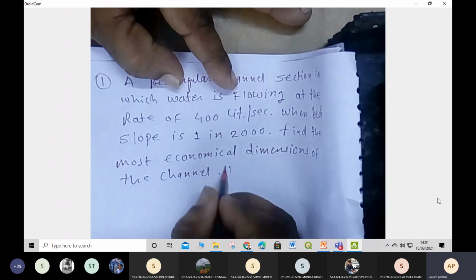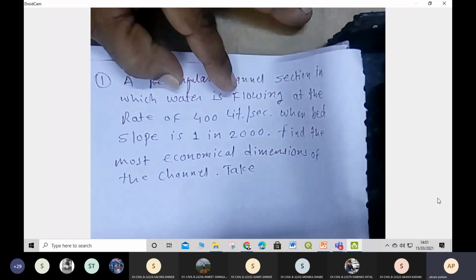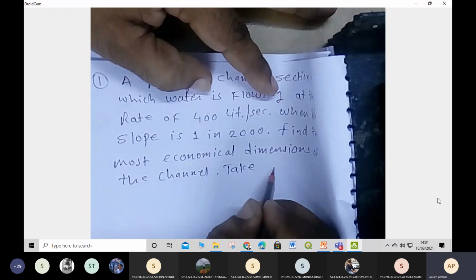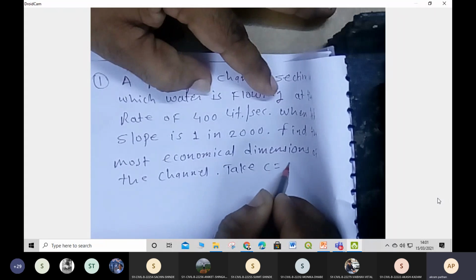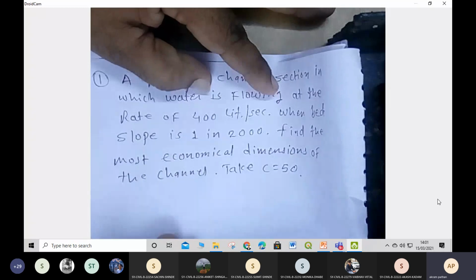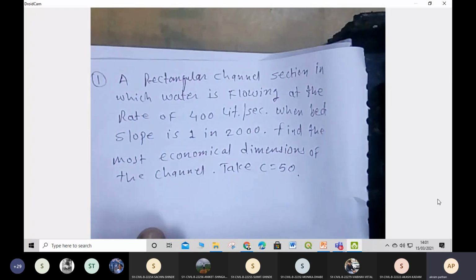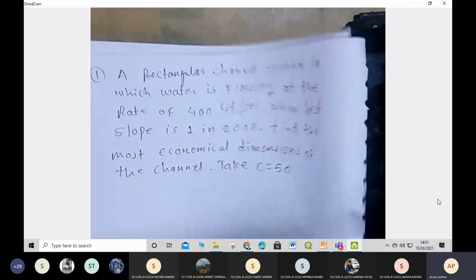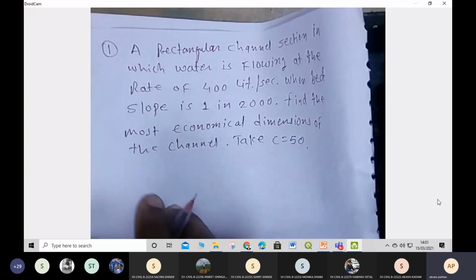Take C is equal to 50. What is this C? Chezy's constant. Okay, take C is equal to 50, that is Chezy's constant.